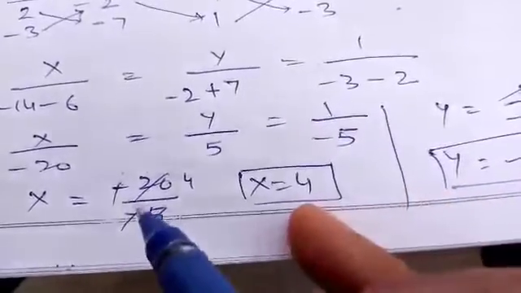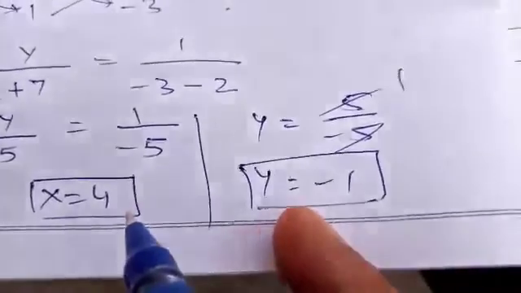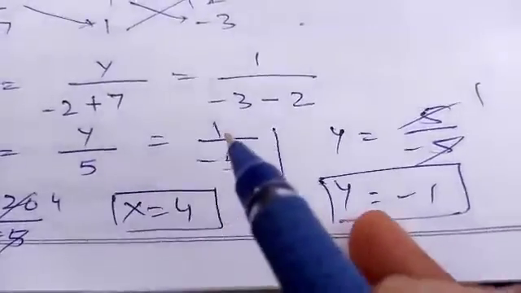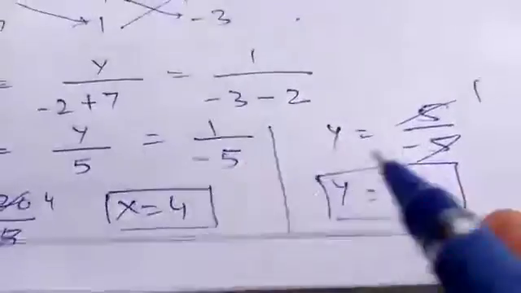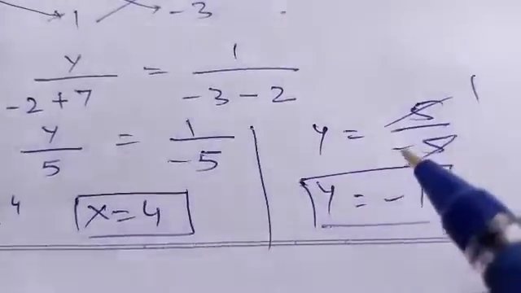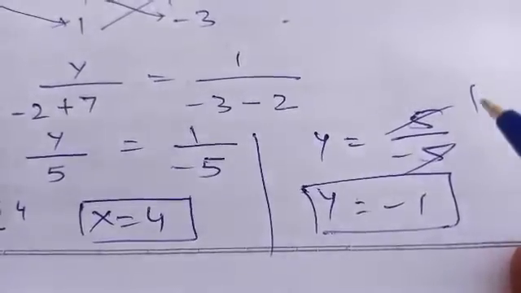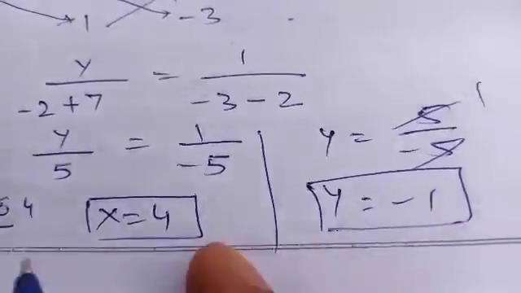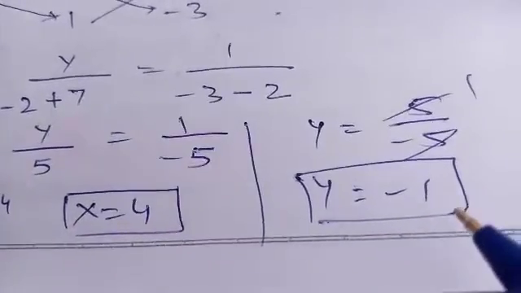Minus and minus cancel, and 5 fours are 20, therefore x will be 4. Similarly, for the value of y, 5 multiplied by 1 is 5, and minus 5 is in the denominator, so the answer will be negative, and 5 cancels, so y equals minus 1. So in this way you get x equal to 4 and y equal to minus 1.